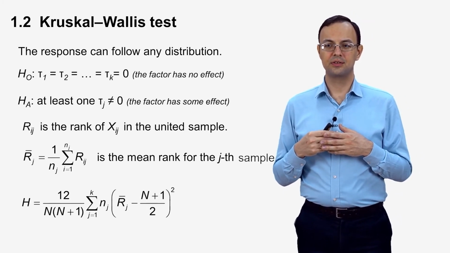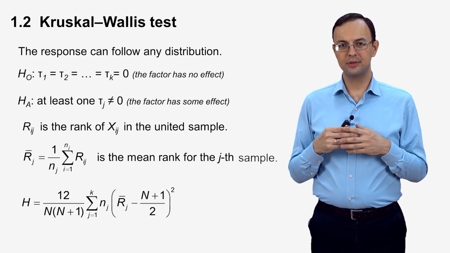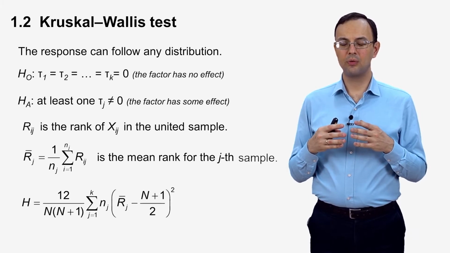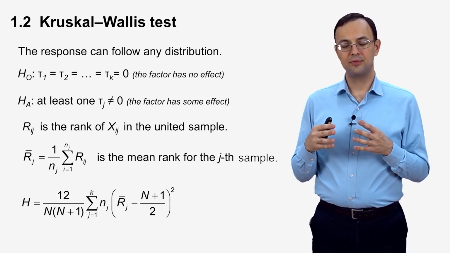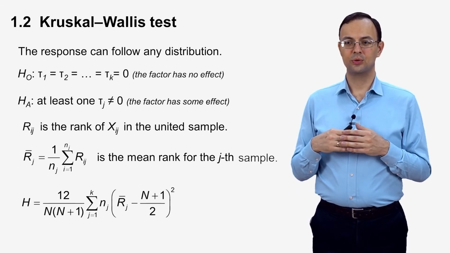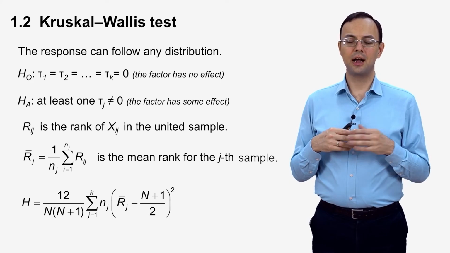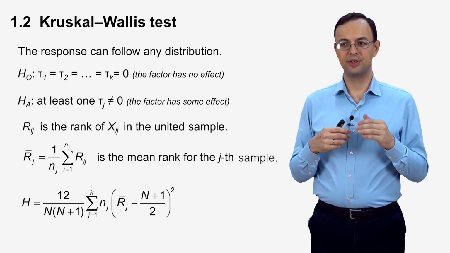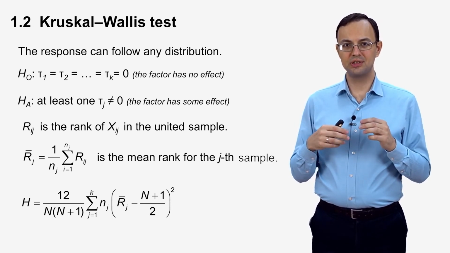And this formula shows us how big the variation of mean ranks between factor levels is. We see that R bar j is the mean rank for the jth factor level, and N plus 1 over 2 is the global mean.